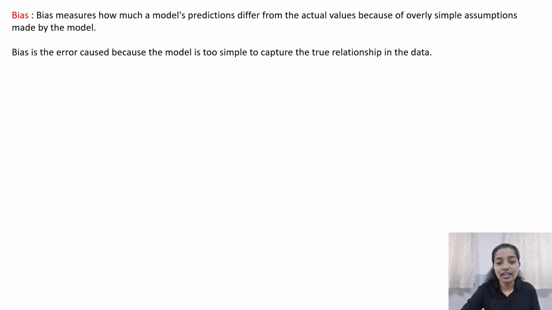Let us say we have this as the actual point. If the model is so simple, it wants to predict this, but it predicted this because the model is very simple. So this is the error, this is bias, how much bias it is. Or let us say the model is so complex.